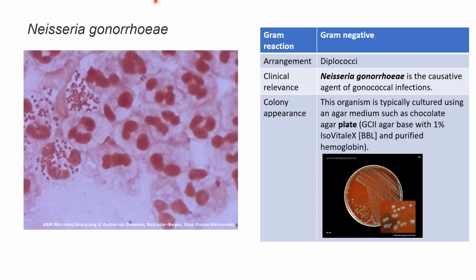From the word gonorrhoeae, of course, it can cause gonococcal infection. Gono means the gonads, or reproductive tract infection. For example, we have the STD, gonorrhea. Same Neisseria, so it's a gram-negative diplococci, Neisseria gonorrhoeae.